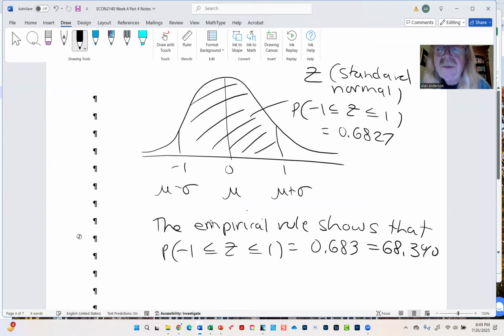Okay, so if you only need an approximation, you can use the empirical rule, but only if it happens to be in this form. For all the others, we have to do it ourselves.